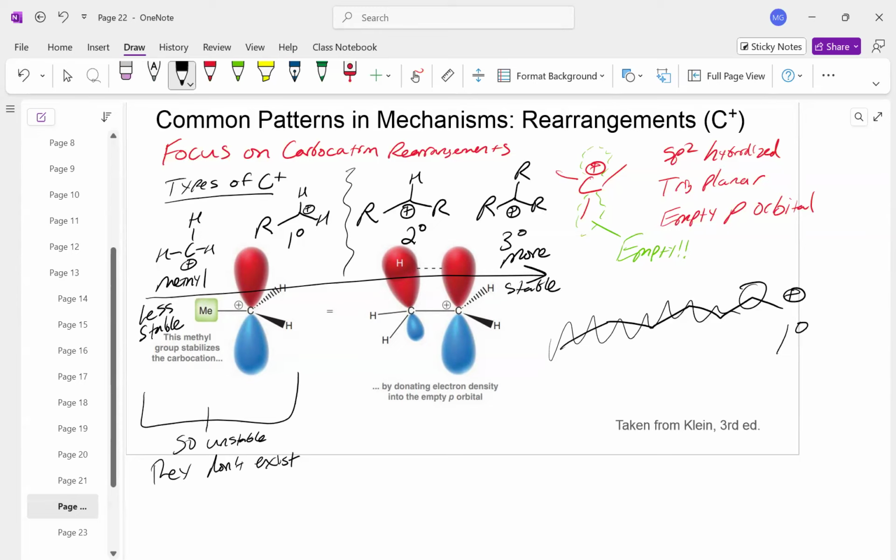Now, why does having more carbons around make carbocations more stable? This deals with a concept called hyperconjugation, and that's what this diagram here represents.